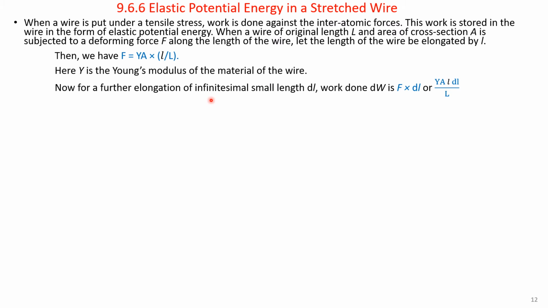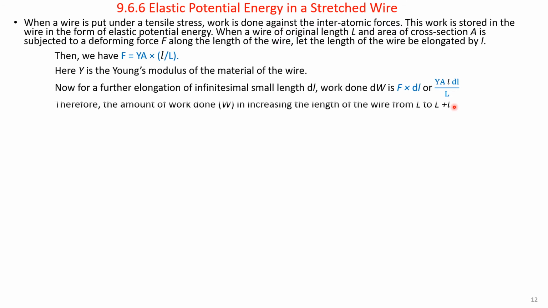Now for further elongation by an infinitesimally small change in length dl, the work done is dW. The change in work done, dW, is F into dl, or YAl dl by capital L. Therefore, the amount of work done W in increasing the length from original length capital L to capital L plus small l is given by the integral formula.